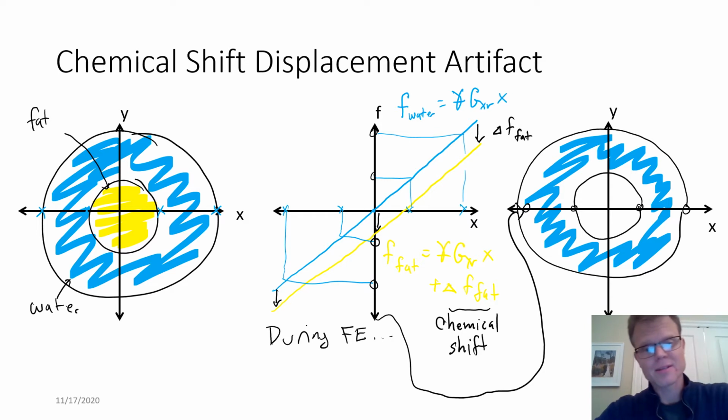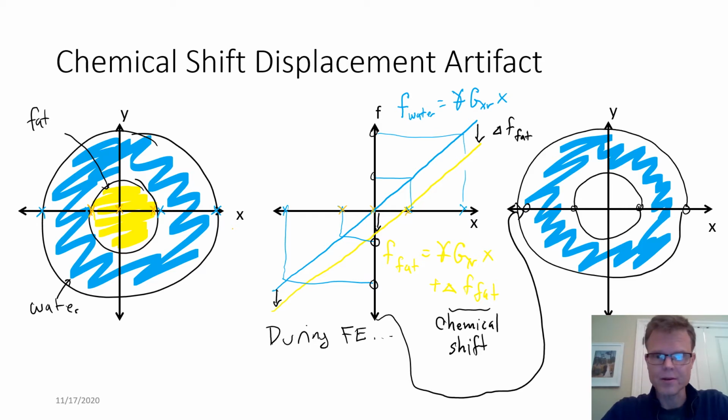Now where things get disrupted is for our fat. If we look, for example, at these three locations in X, and this is only a frequency encoding issue, the frequencies at these locations are going to follow this yellow curve.